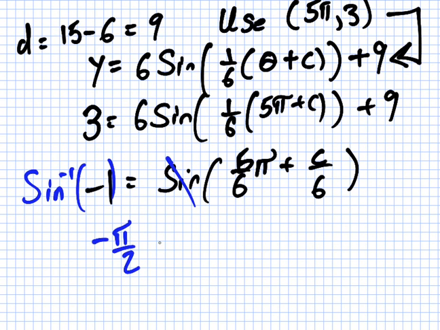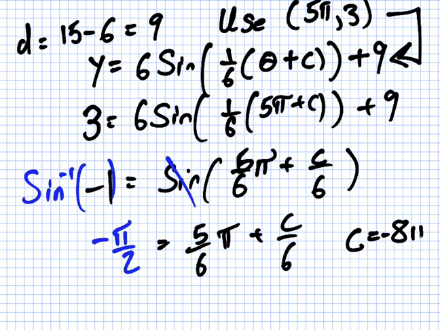That is equal to 5 over 6 pi plus C over 6. Minus 5 over 6 pi, times 6. So when I solve this, I'll get C equals minus 8 pi.